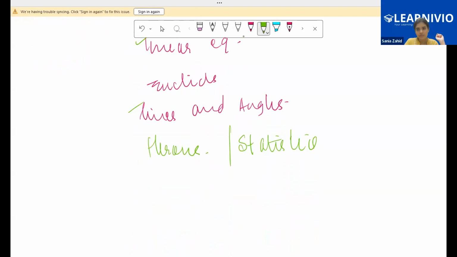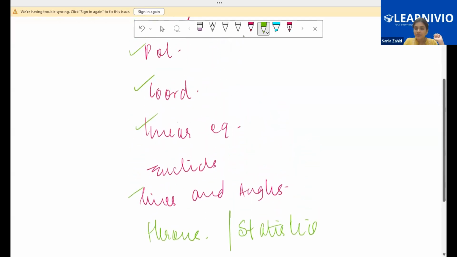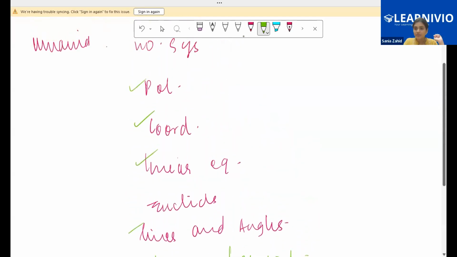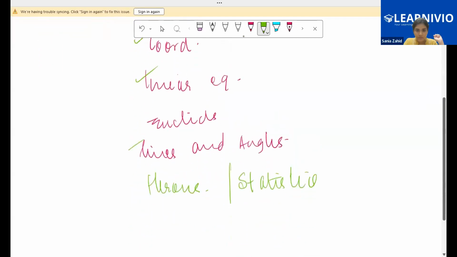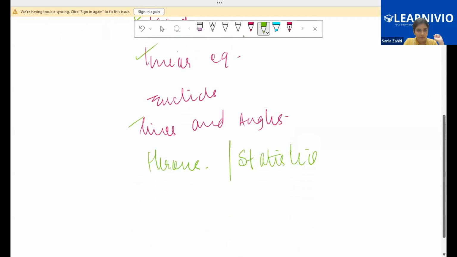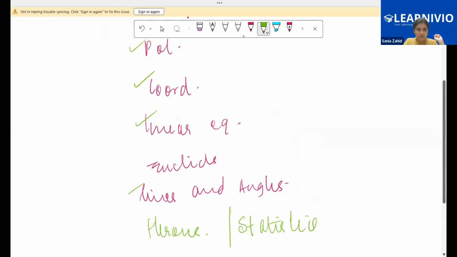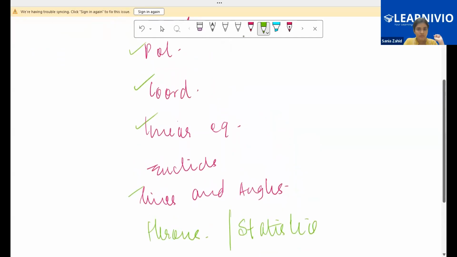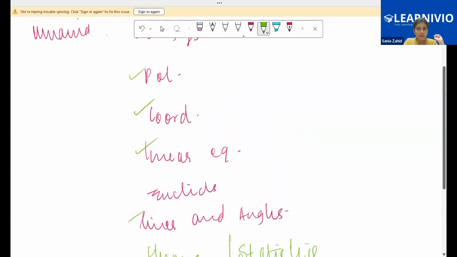Lines and angles we have started, we have done half, 50%. That's it. And Abdullah, only yours is left. Ma'am, we completed Heron's formula. We completed number systems, polynomials, linear equations in one variable. Lines and angles we did not complete. That's it. Coordinate geometry we completed.